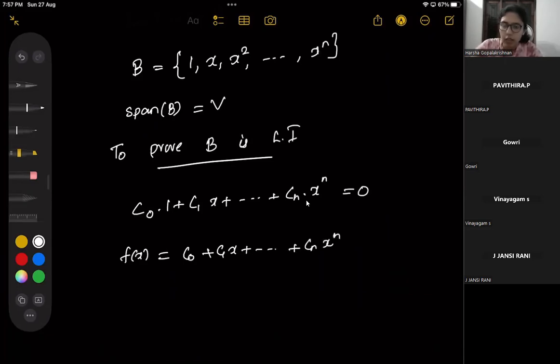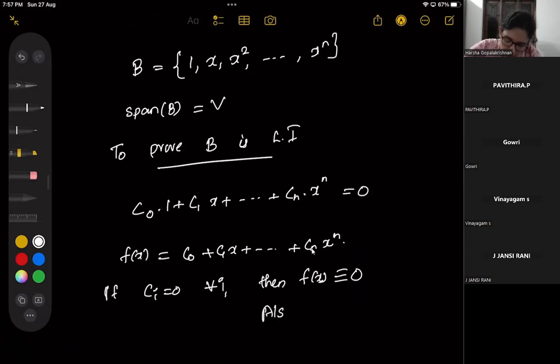Now, if Ci equals 0 for all i, then what can we say? f of x is identically equal to 0. If I am getting all Ci equal to 0, f of x is identically 0, and we can say B is linearly independent.